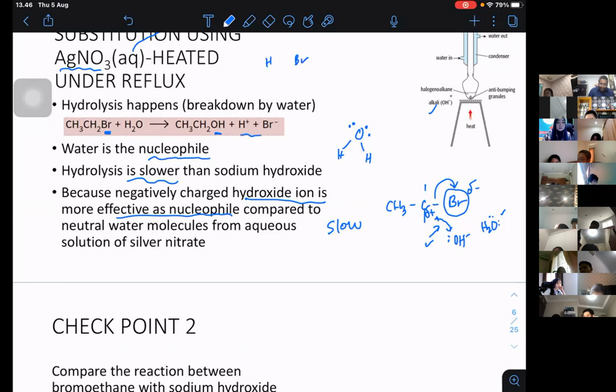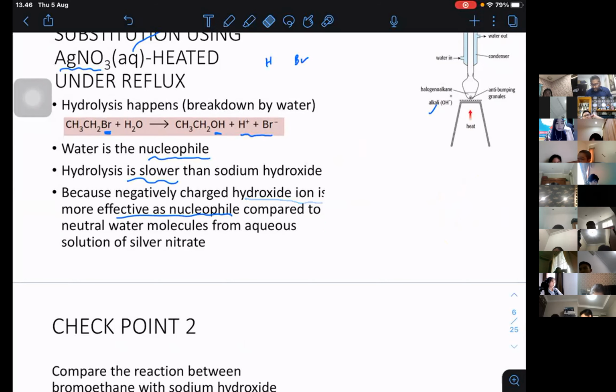You can see they have written it in ionic form over there. Now, the reaction does not stop there. The HBr will now join with the silver nitrate that you added earlier, so silver bromide is going to be formed and HNO3 will be formed.